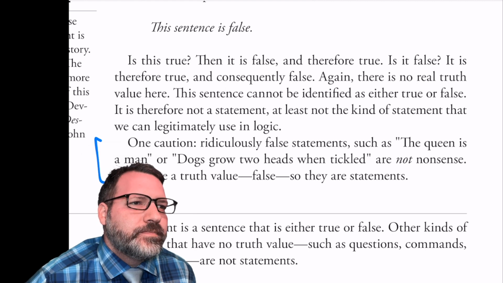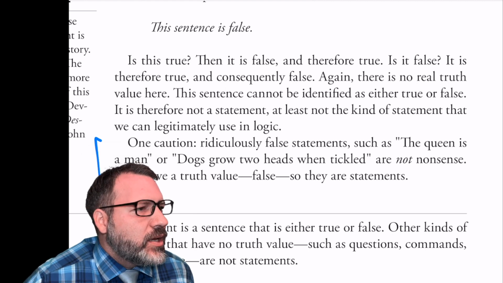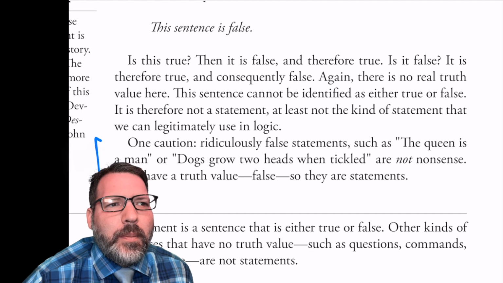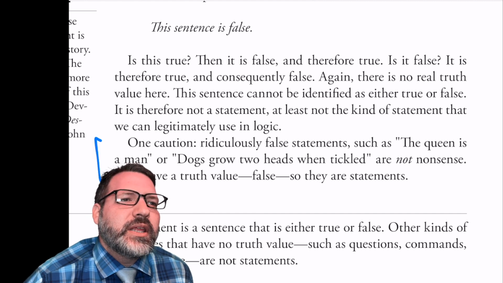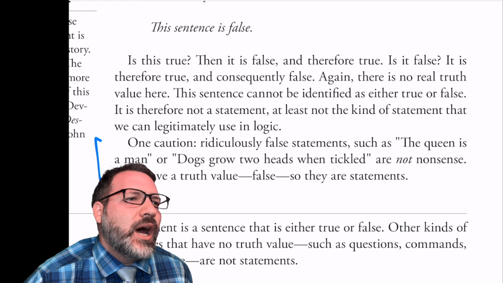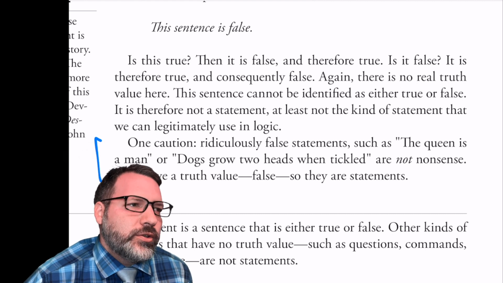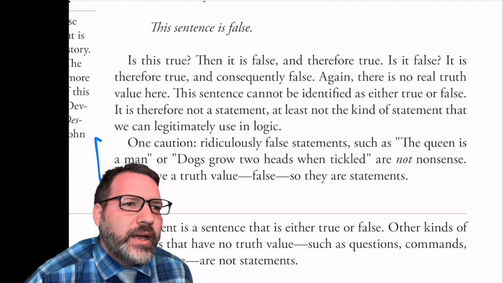One caution. There are statements that sound silly, but that doesn't mean they're necessarily nonsense. They might just be ridiculous. For example, if I said, the queen is a man, is that nonsense or is it just false? It's false, right?